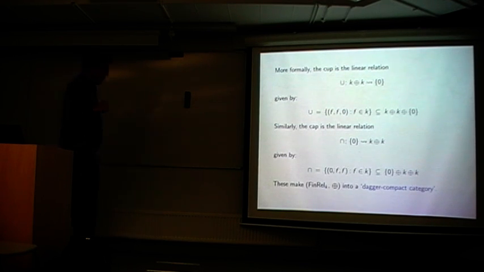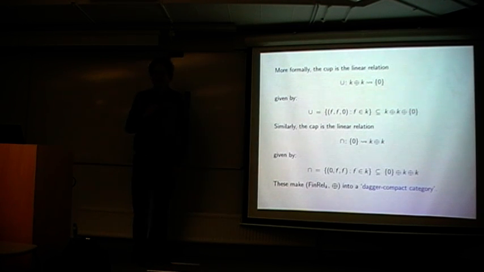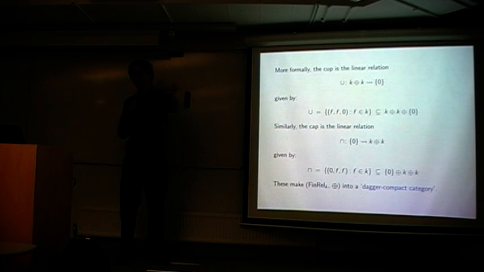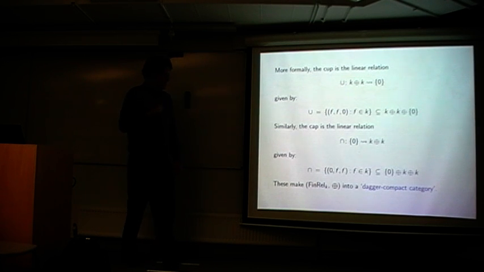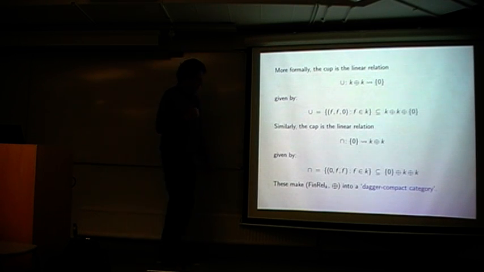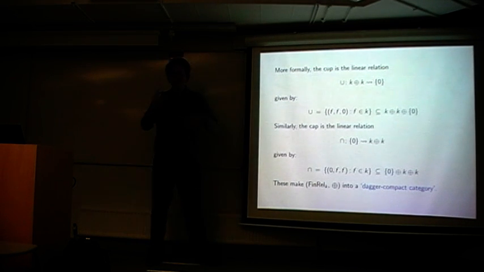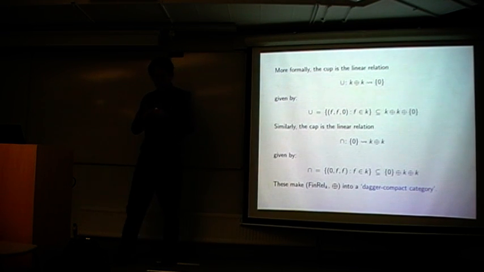So this category, fin-rel K with direct sum, is one of these kind of symmetric monoidal categories that people in this building love. If you walk around, you'll see posters on the wall advertising the virtues of dagger compact categories. And so that phrase includes a bunch of properties.